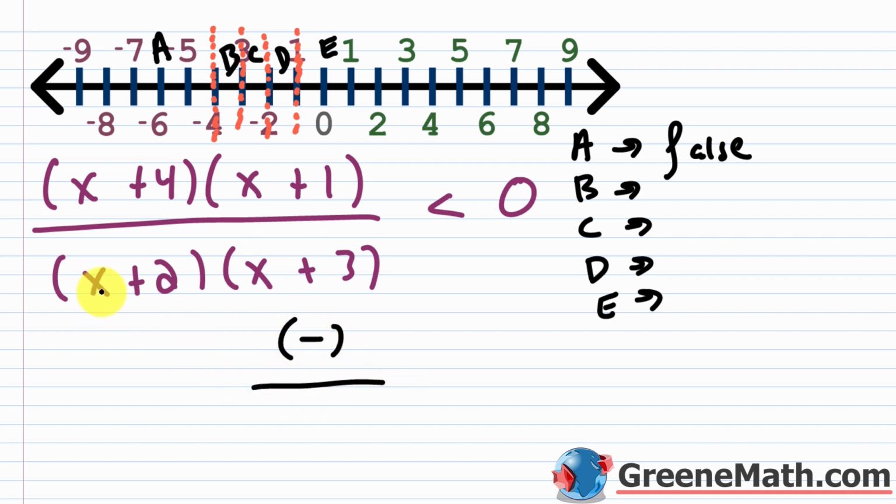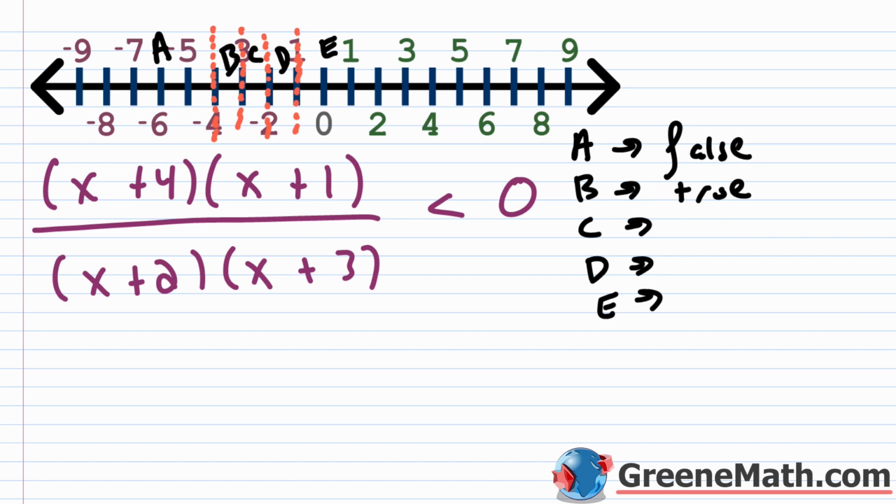If you have negative 3.5 plus 2, that's going to be a negative 1.5. And then negative 3.5 plus 3, that's going to be a negative 0.5. So negative times negative down here, this is a plus. So you have a minus over a plus, which is a minus. And so essentially you're going to have a negative, and that's going to be less than 0. So this is going to be true.